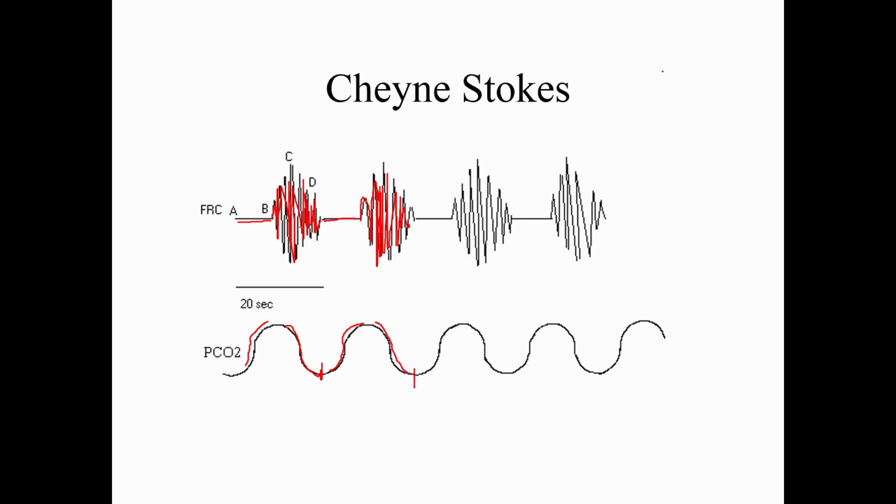So the things I want you to take away about Cheyne-Stokes respiration is that it is a situation where we have altered feedback and a delayed response, and it indicates there is a neurological problem in the respiratory centers.